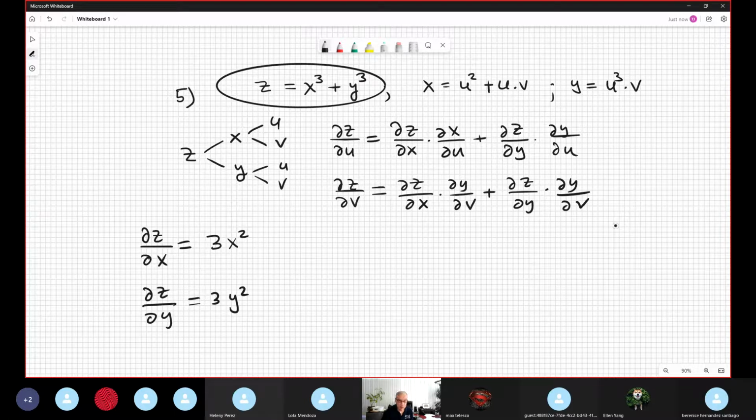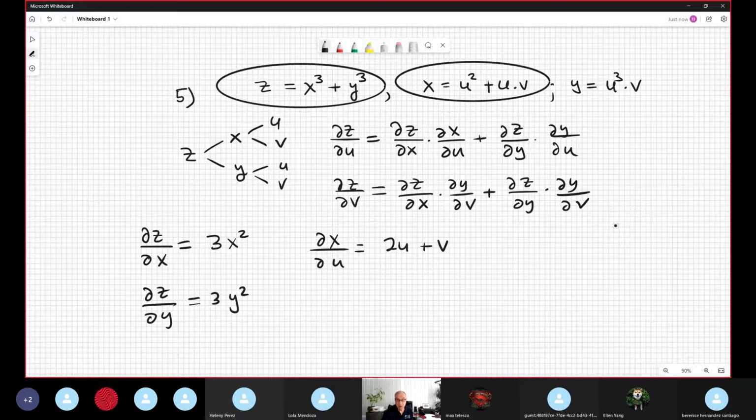Now partial x with respect to u, in this expression, is 2u plus b, because b is considered a constant, like a multiplier, you put it outside, and the partial derivative of u with respect to itself is 1.